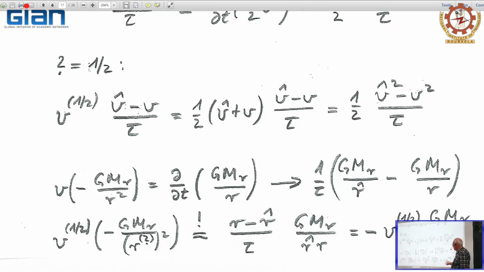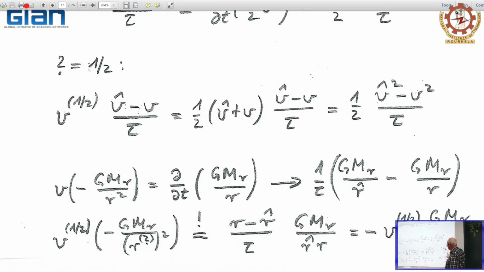We know that for the velocity we have to take the weight 1/2. So v has to be taken in the middle between the old and new time step, and we don't know how this quantity has to be discretized, or what is the correct weight for GM over r squared, or the correct weight of 1 over r squared.